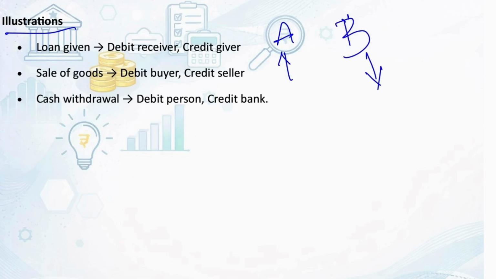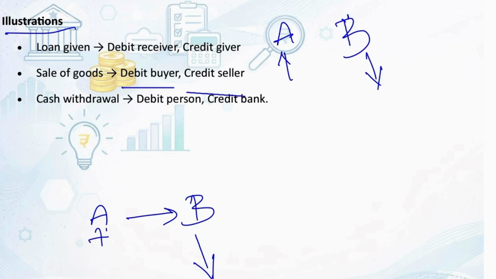Like this, for sale of goods, suppose A is selling goods to B. In this situation, the buyer's account will be debited. Debit the buyer and credit the seller. The same will happen in case of withdrawal from bank: the customer's account will be debited and the bank account is credited. Like I said, it will reflect in BGLs.